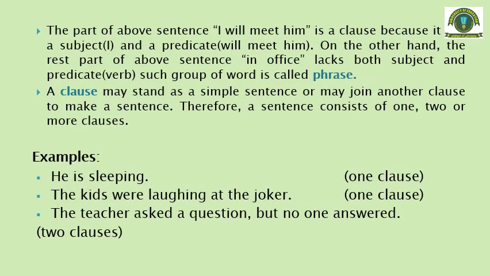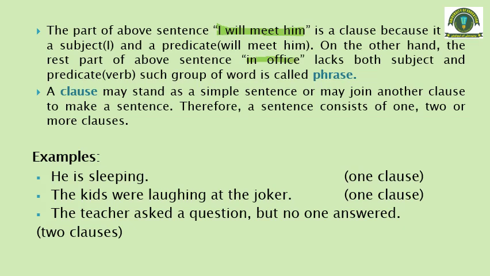So let's take the same example. The first part of the sentence which we talked about in the previous slide is I will meet him. This is a complete clause. Why is it called a complete clause? Because it has subject I and it has a predicate will meet him. But the remaining part of the sentence, in office, is not a clause.